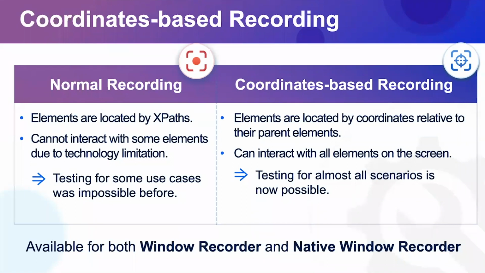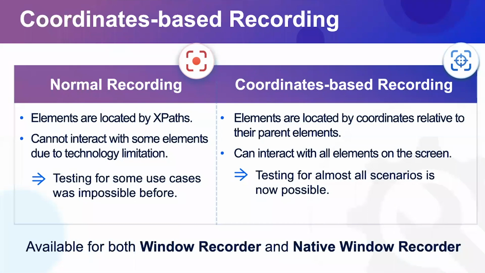Before that, in Katalon Studio, the only way to locate elements is based on XPath names or attributes. But as reported from our users and customers as well, we cannot deal with other situations, since there are a lot of different types of underlying technologies that WinApp Driver, the technology that we are based on, cannot support.